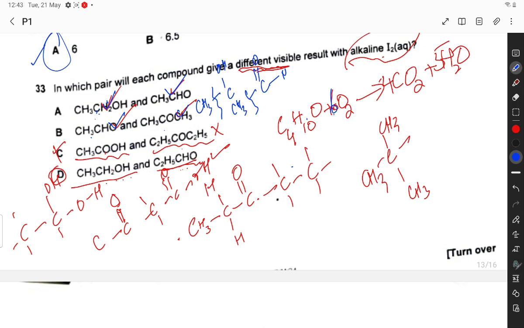CH3COOH, this will not give a result. C2H5, this can be, because it is like this, CH2, CH3. Different visible results with alkaline iodine.